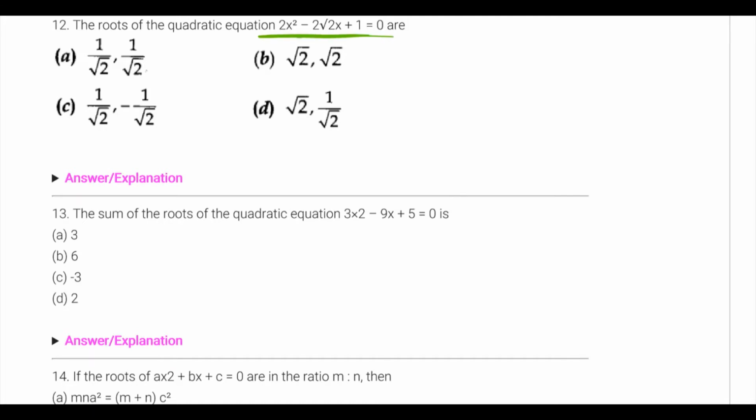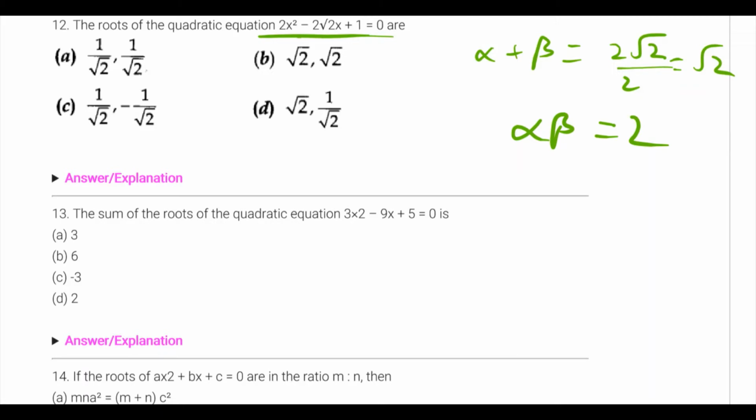So this is alpha plus beta equals 2 root 2 by 2, which equals root 2, and alpha into beta equals 2. So option B gives the sum of the roots as root 2, but the product is half.